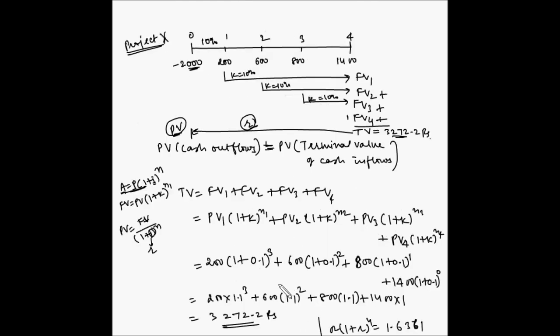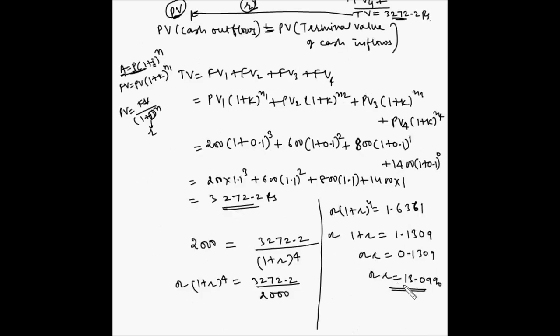So in case of project X, the modified internal rate of return is 13.09%. Now let's move to project Y.